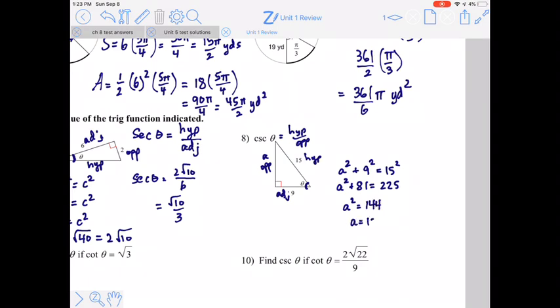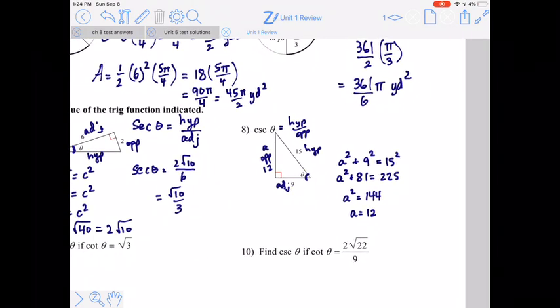So then square root on both sides and get the opposite length there equals 12. So then the cosecant of the angle is hypotenuse length over opposite length. Divide both of those by 3.